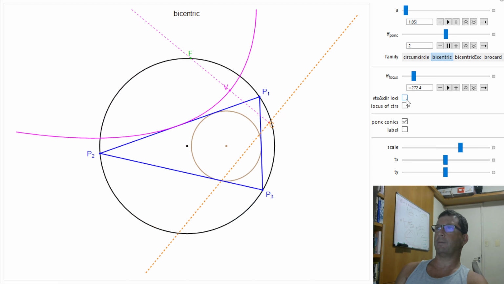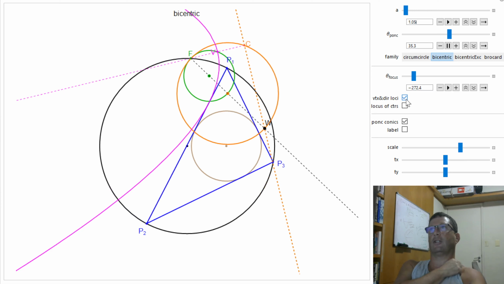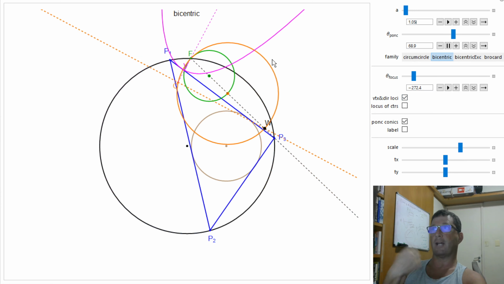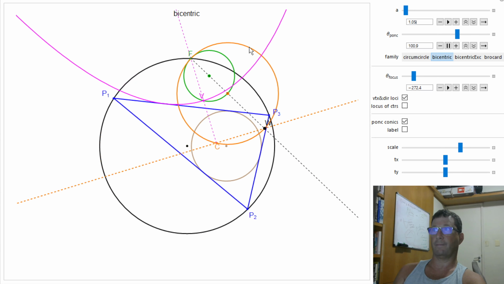So as I light up the associated objects, you're going to notice that, again, the locus of the vertex is still a circle. The locus of the projection of the vertex on the directrix is the orange circle.